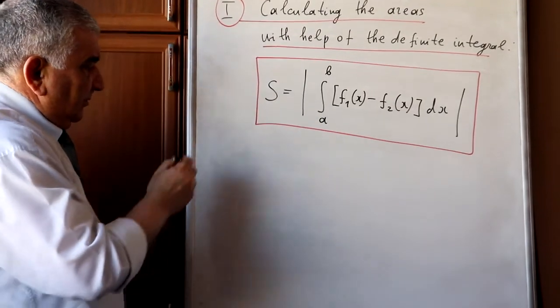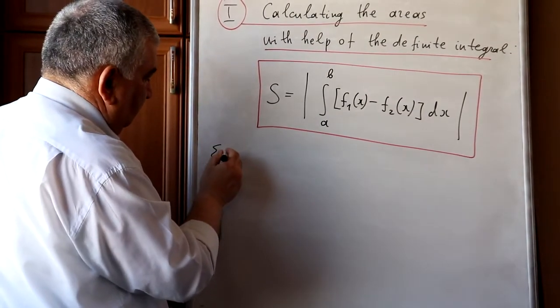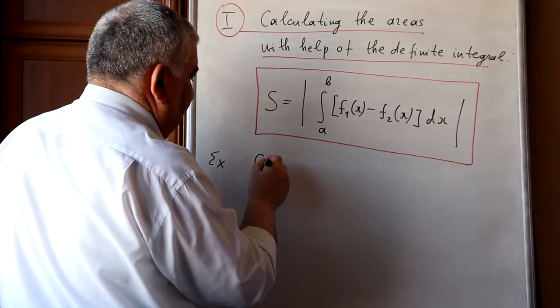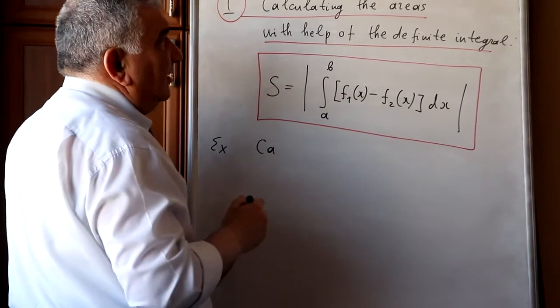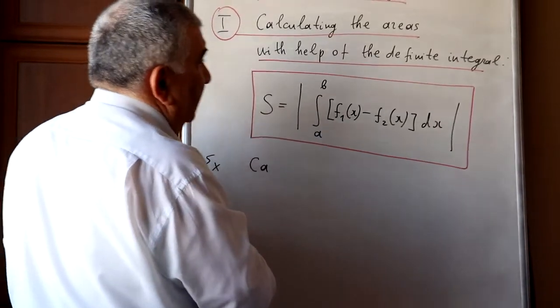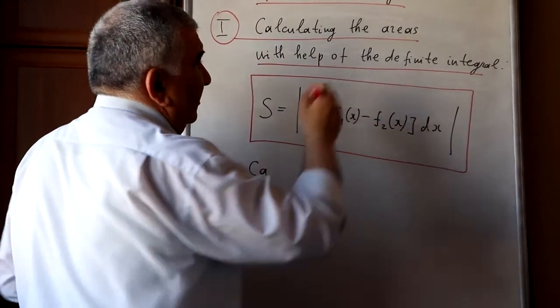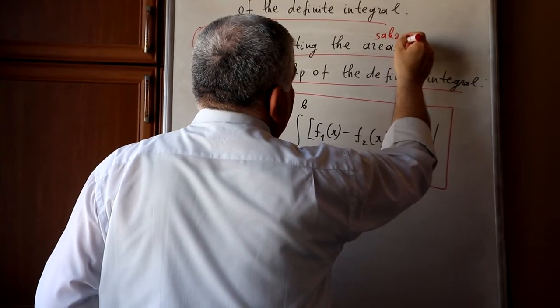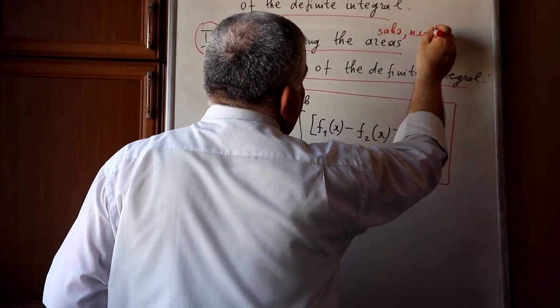Example. Calculate the area. Here area in Russian is площадь.